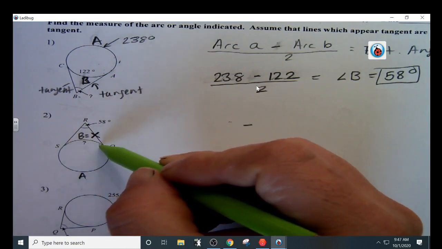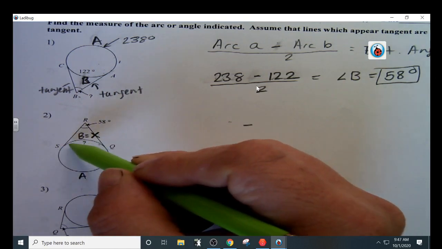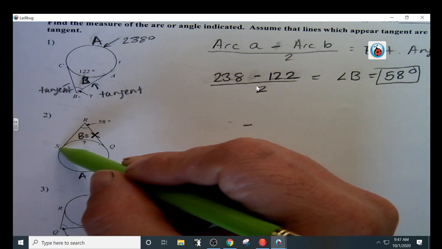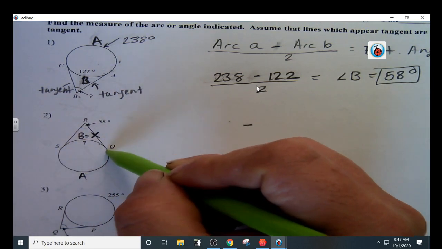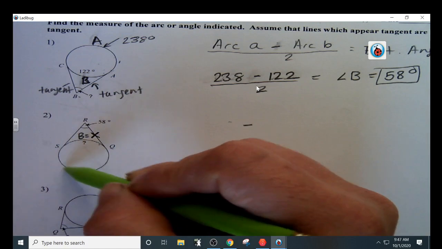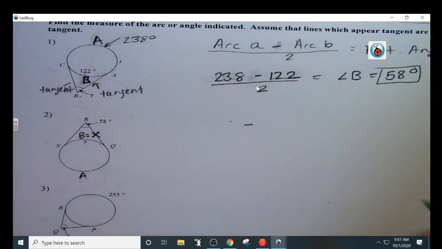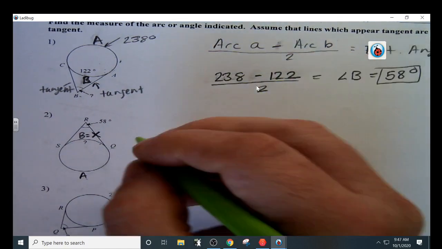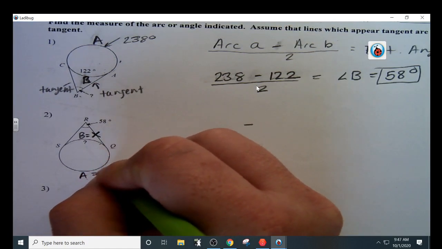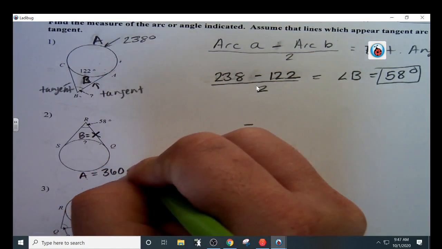If this is X, what would be the equation for what's left over? How many degrees are in a circle? 360. So A will be 360 minus X.